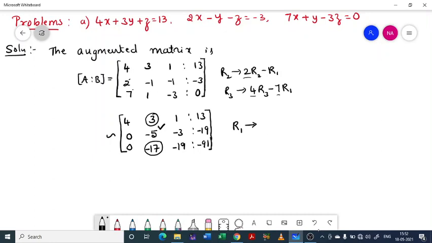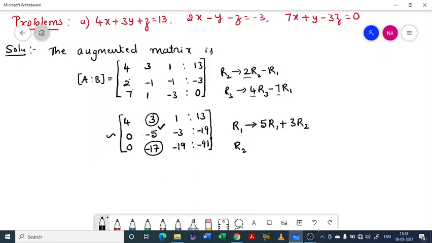You have to take the LCM, 15. So R1 gets 5 multiplied, 5R1. These two entries have opposite signs, this plus, this minus, so here it will be plus. In opposite signs, we get plus; in same signs, we get negative. I have said this many times. So 5R1 plus 3R2. Now here the same sign, so it will be a negative sign.